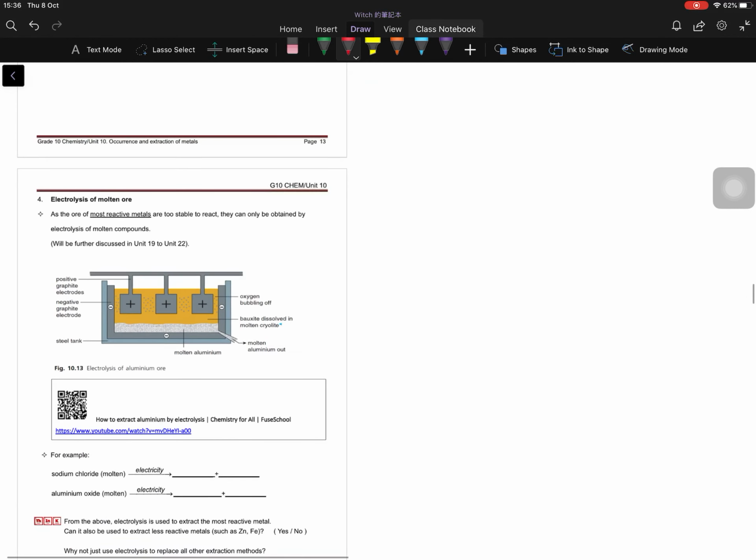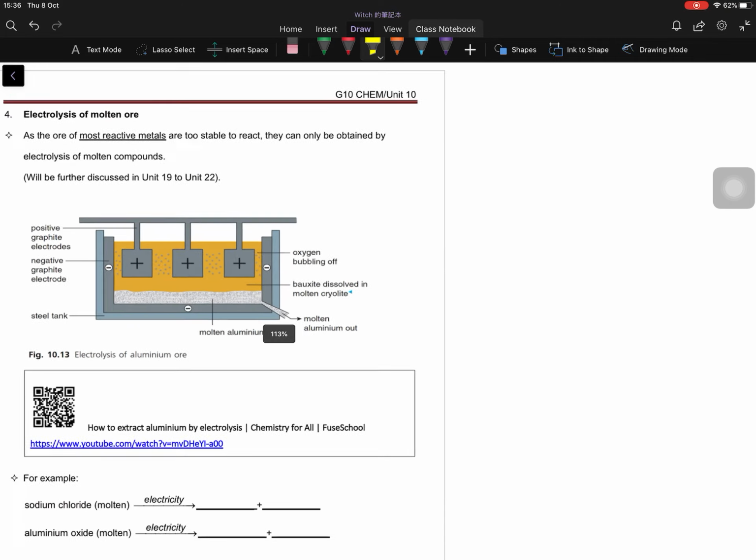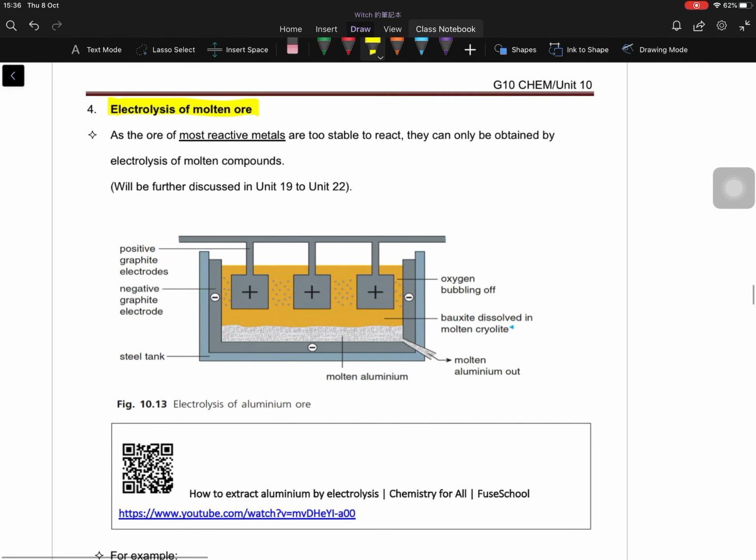Well, the next one is the final extraction method. This is called electrolysis of the molten ore. Molten is necessary, so again, you must remember. This is targeted at the most reactive metals. They are very stable, so we need to use the most extreme method.